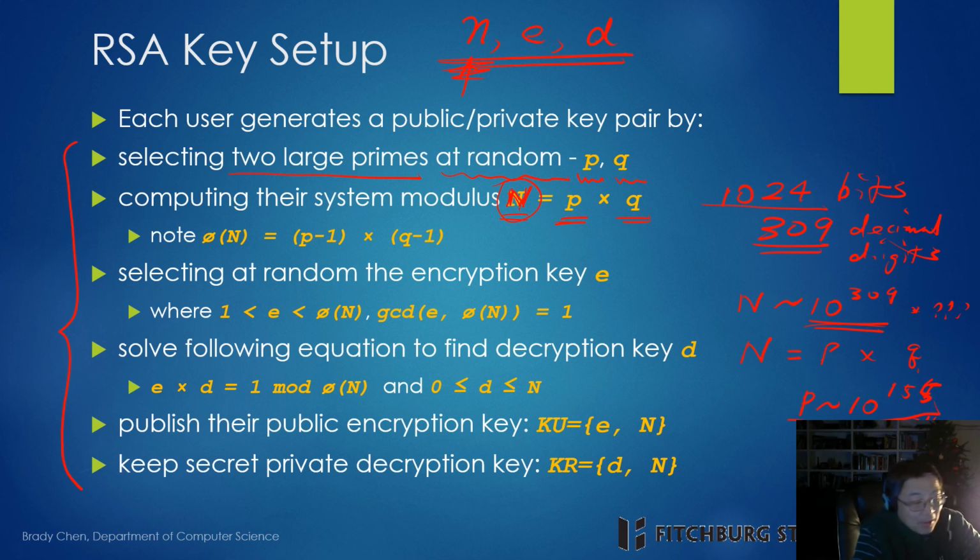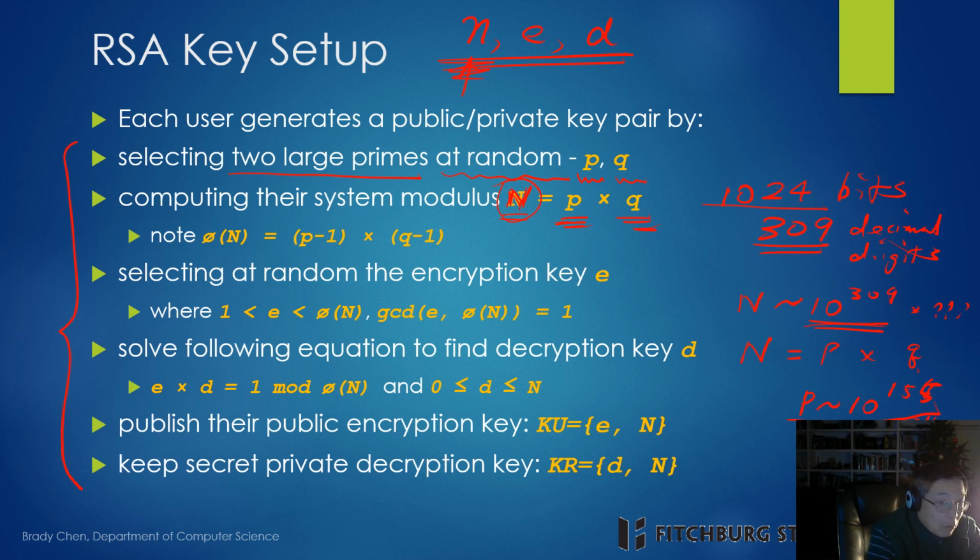So we're going to try to find two prime numbers, about 10 to the 155 and 10 to the 154. That should be the size of these two prime numbers. Now, what's so good about this?